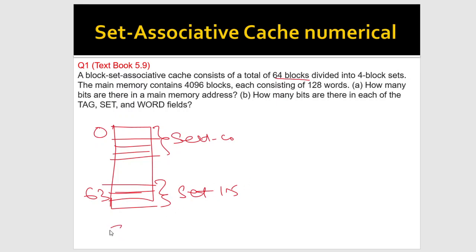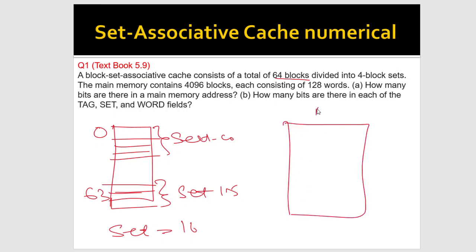So the number of sets is how much? 16 sets. 16 means the bits required is 4. Then main memory is 4096 blocks. This is my main memory and this is my cache memory. 4096 means this is block 4095 and this is block 0. Each consists of 128 words.